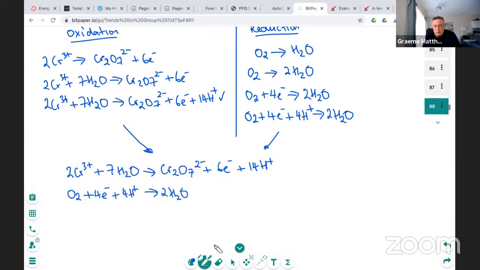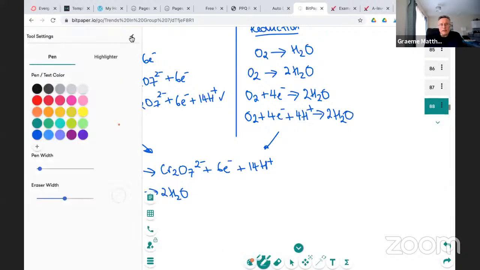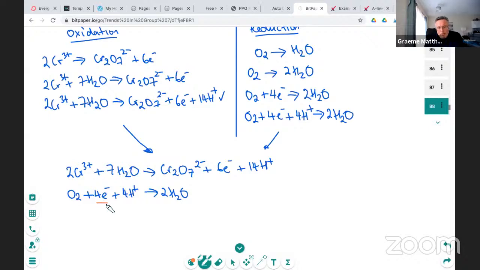On this one, I've got 4 electrons up here and 6 electrons up there. What I'm thinking is I need a common factor that 6 and 4 both go into. I'm thinking 12. So I'm going to multiply this one by 2, and I'm going to multiply this one down the bottom by 3.